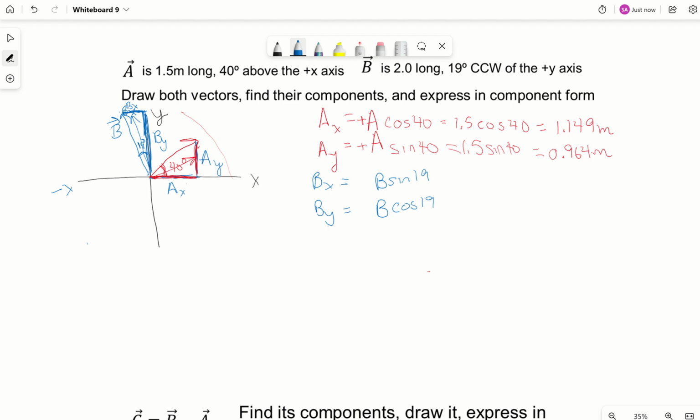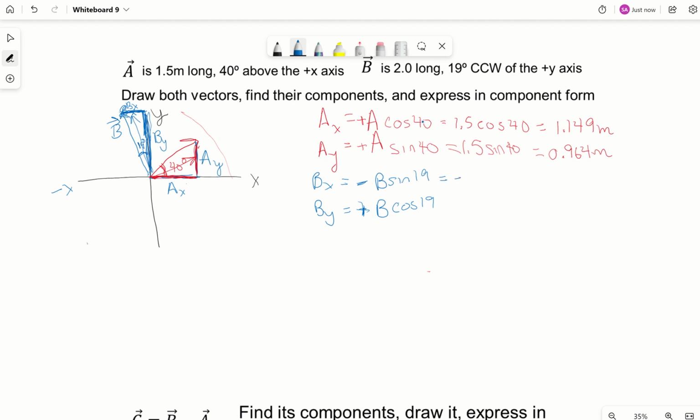Now, are they positive or negative? I'm in quadrant 2, and if you look, the y side is going up, so that's going to be positive. The x direction is going backwards towards the left, so that's going to be negative. So I'm going to have a negative x component and a positive y component.